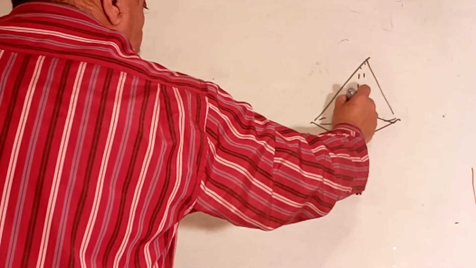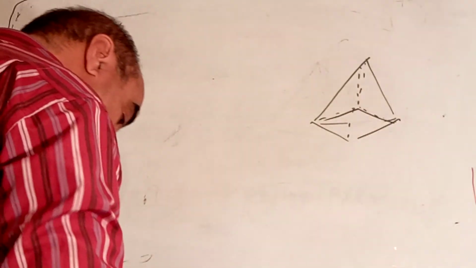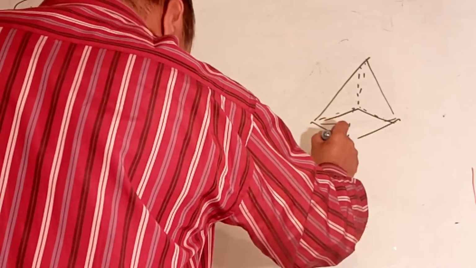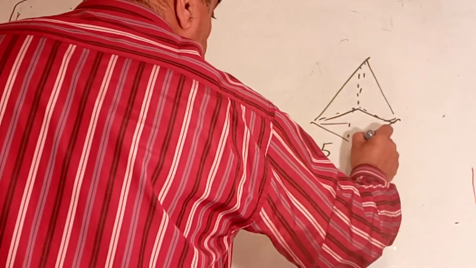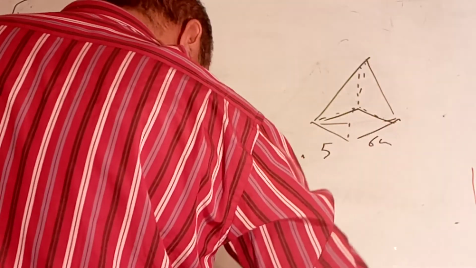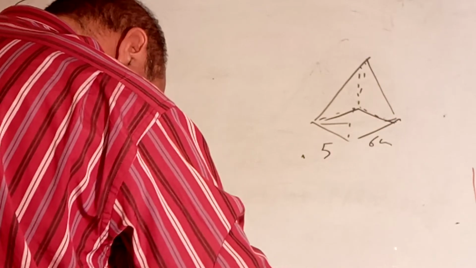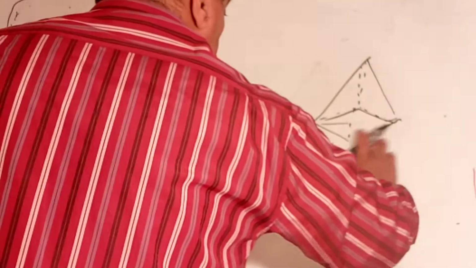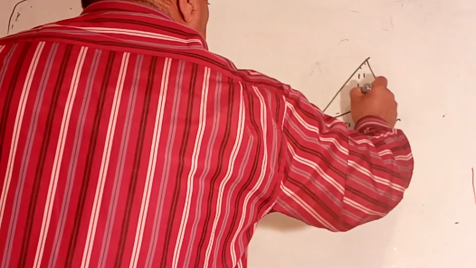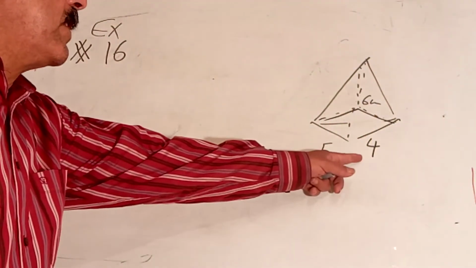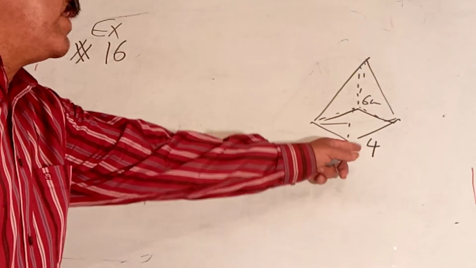This is the base. The base is rectangular. This is 5, this is 4, and the height is 6 centimeter. So he gave me the base is 5 and 4 centimeters, the length and the width.